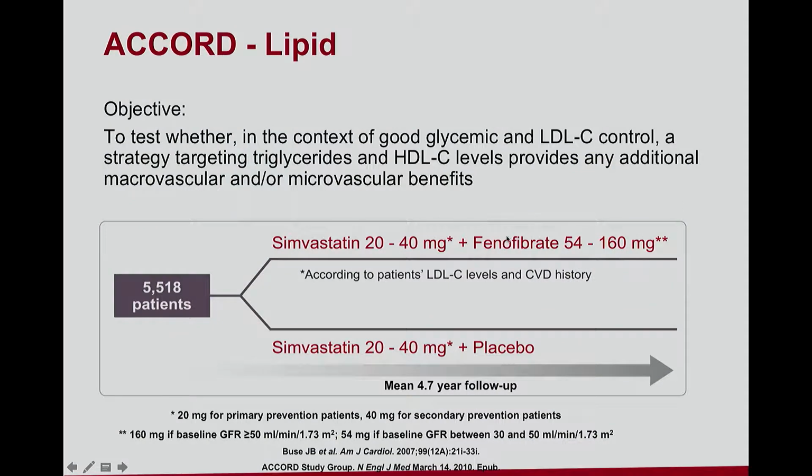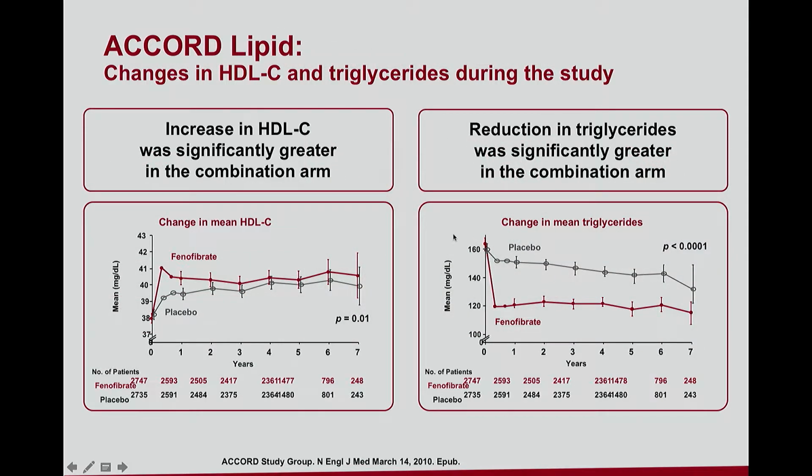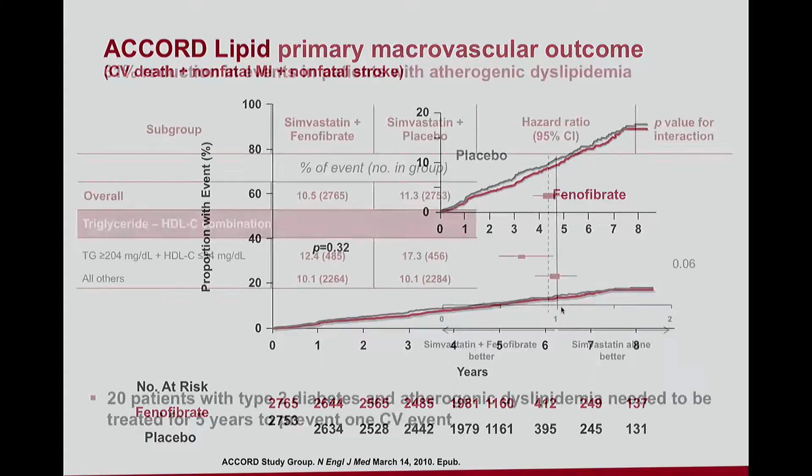The ACCORD study examined the addition of a fibrate to a statin, simvastatin, in some 5,500 patients, and here their numbers at baseline are LDL of approximately 100, triglycerides of 160. And fibrates in this trial, as we know they do, raised HDL and lowered triglycerides, both of which were significant. And this was also a negative study, no change in cardiovascular events.